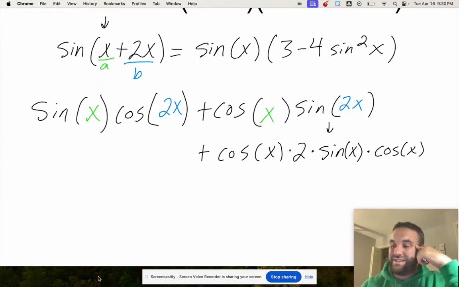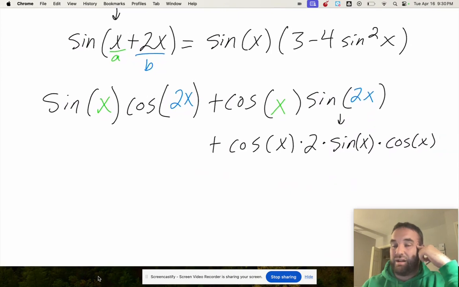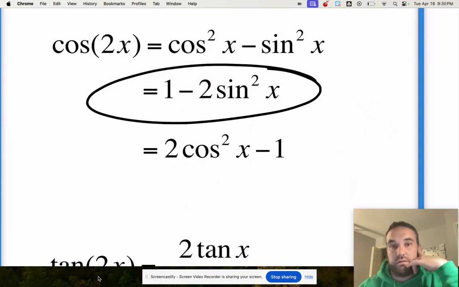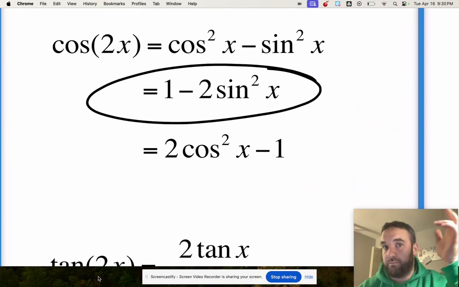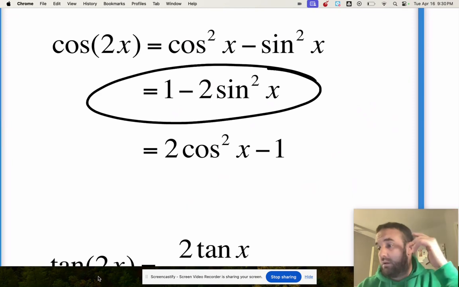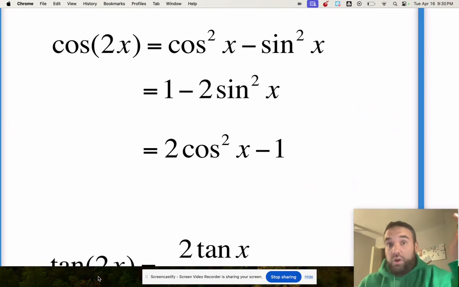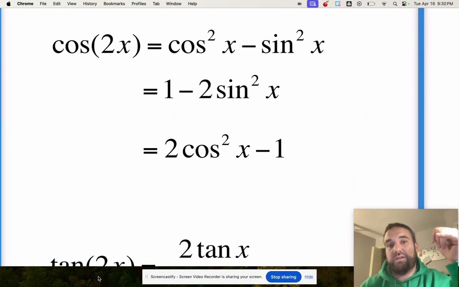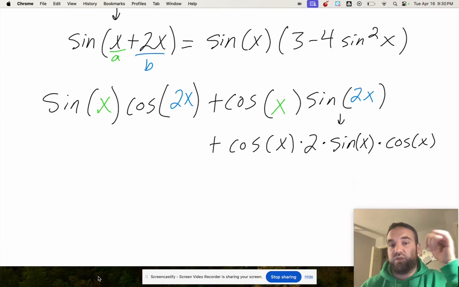So to me, the fact that I see a constant minus 4 sine squared leads me to believe that I'm going to want to use that version of the cosine double angle formula. Again, I'm relatively confident this is going to work, but there's a lot of algebra involved. So I'm going to swap out cosine of 2x for 1 minus 2 sine squared.